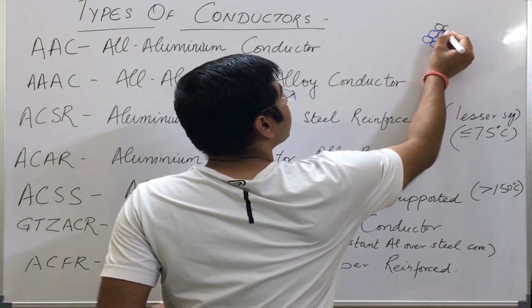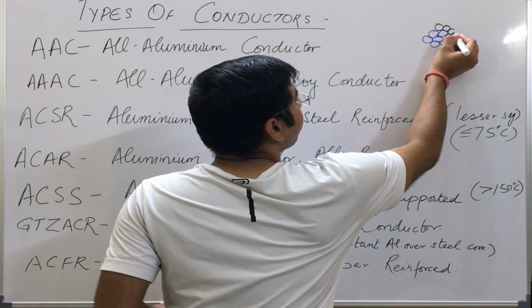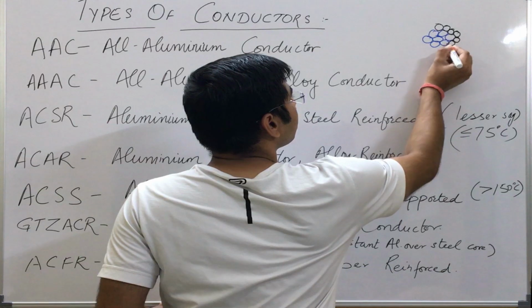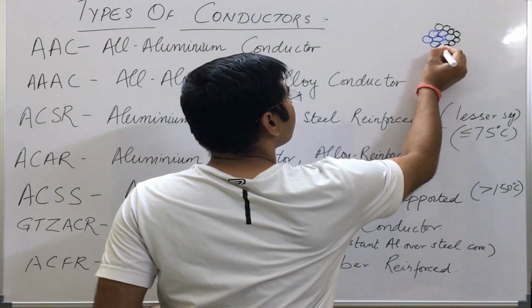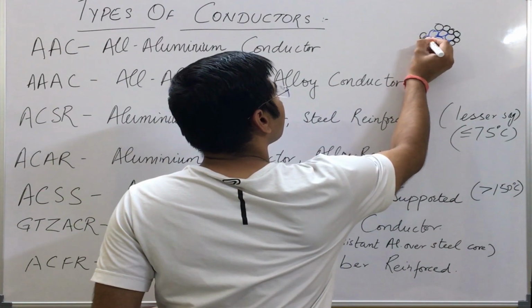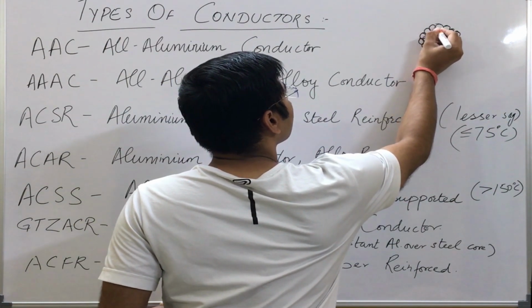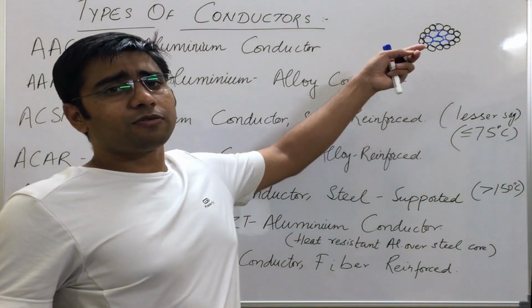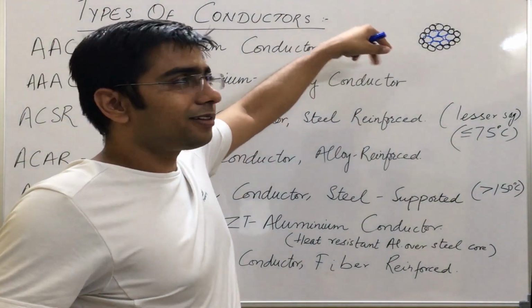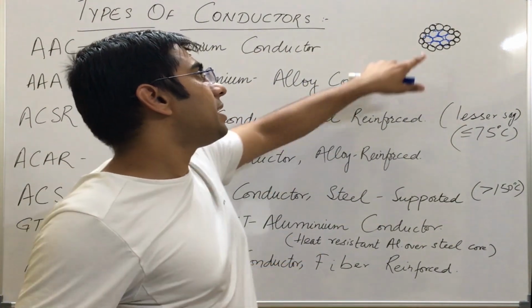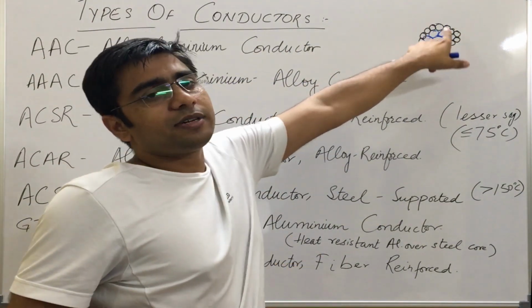Let us say now comes the layer of aluminum strands. Although the drawing is not very clear, the circles are not round enough, we can see that over the central strand we have aluminum strands.